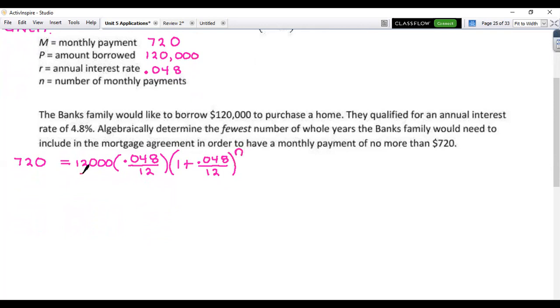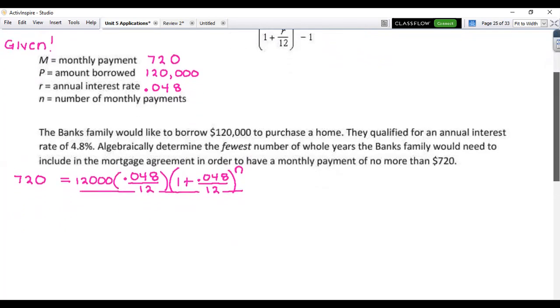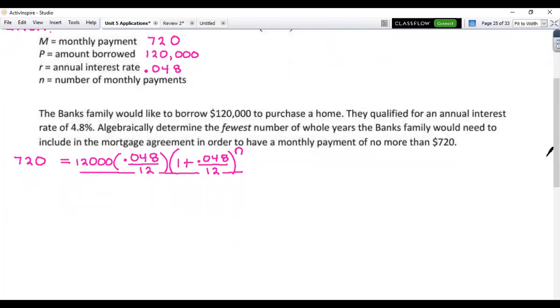And then this gets divided by the same thing, raised to the n minus 1. So this is going to be 1 plus 0.048 divided by 12 raised to the n minus 1. All right, looks like a mess, doesn't it?